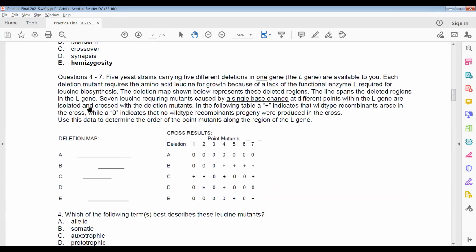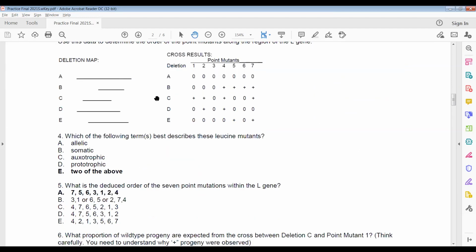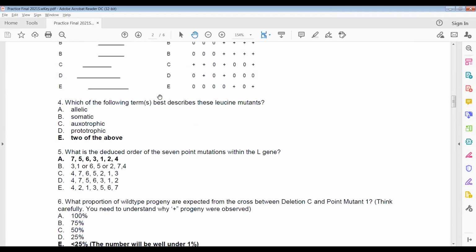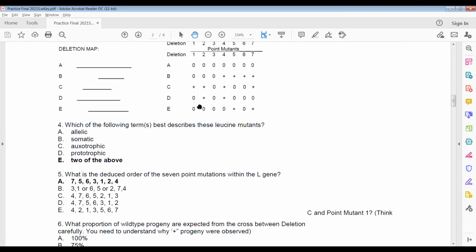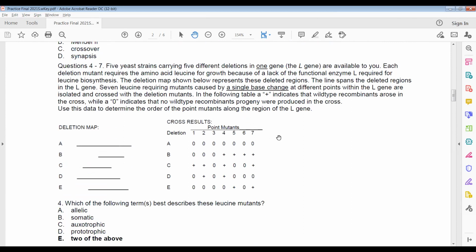All right, so questions 4 through 7. This is a little bit complicated, a little bit challenging. But if you review the second midterm and our lecture notes, we can use what we have learned to tackle this problem.